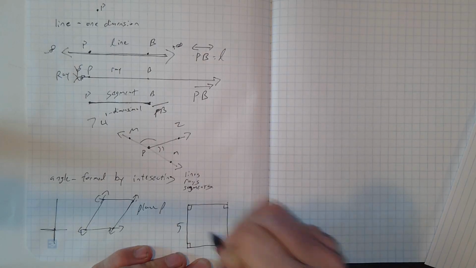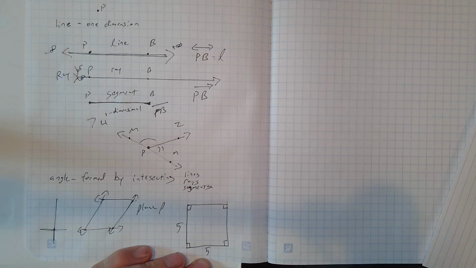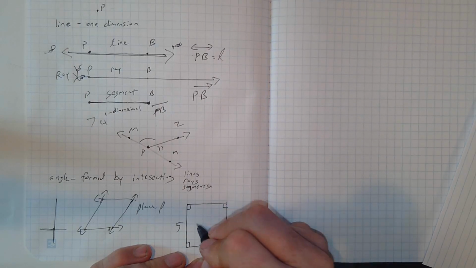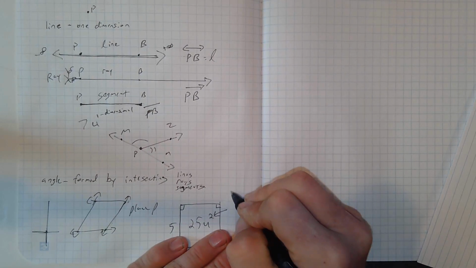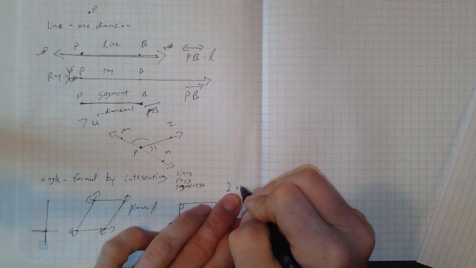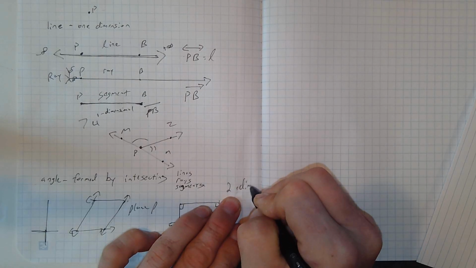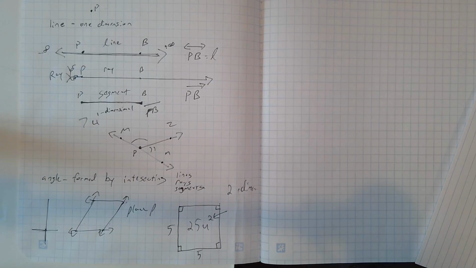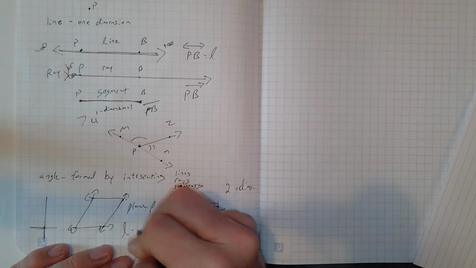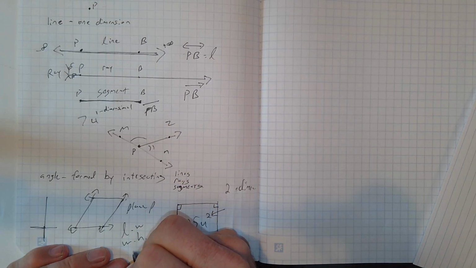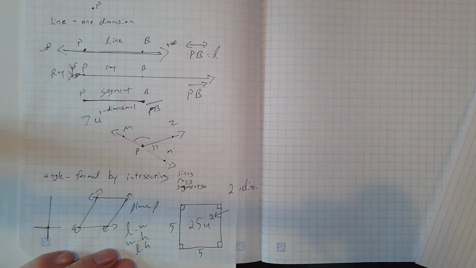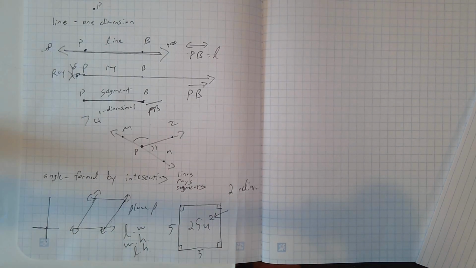So this is a 5 by 5 unit portion of a plane. Okay, so this is 25 units squared because it's 2-dimensional. Planes are in 2 dimensions because they use a length and a width, or a width and a height, or a length and a height, whatever they tend to be.